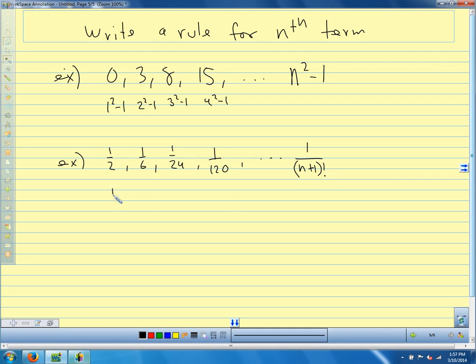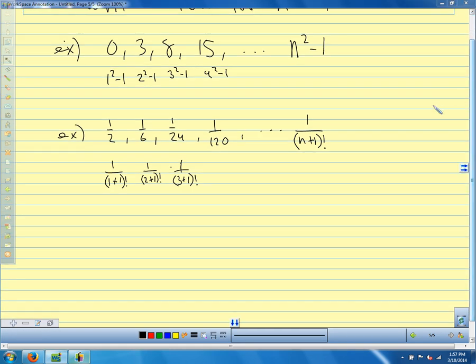Because this is 1 over 1 plus 1 factorial, 1 over 2 plus 1 factorial, 1 over 3 plus 1 factorial, etc. So that rule would be 1 over n plus 1 factorial. This is fun to me. I like it. Let's look at another one really quickly.